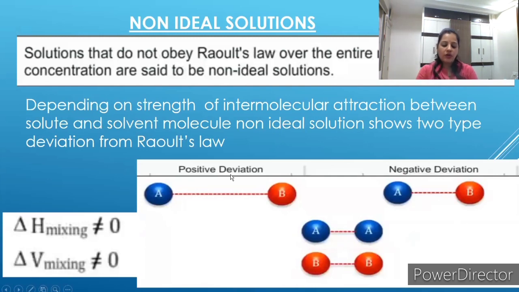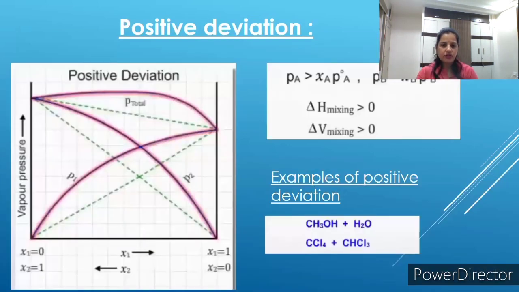Now let us see what positive deviation and negative deviation mean. In positive deviation, as I have said, the molecular interaction is weaker, so a higher pressure will be created. The vapor pressure of component A should be equal to the vapor pressure of the pure component times its mole fraction.